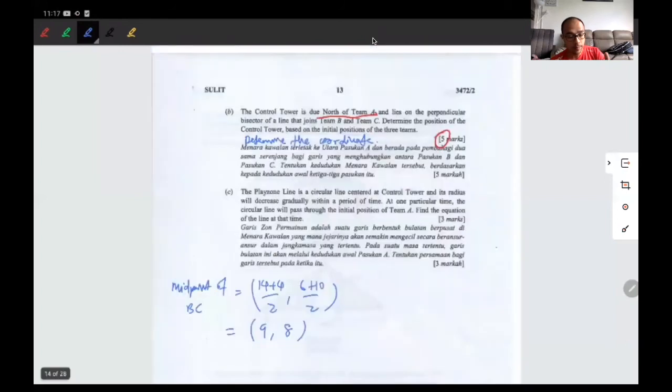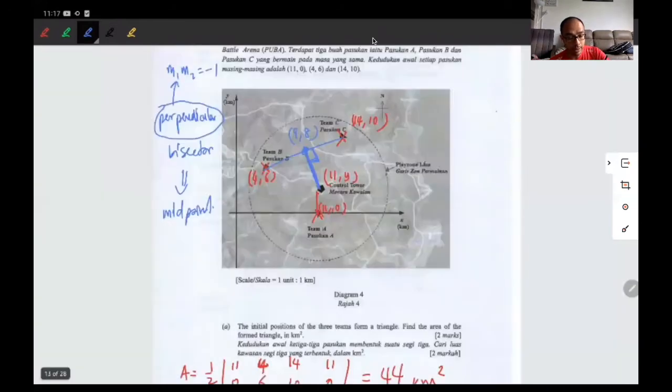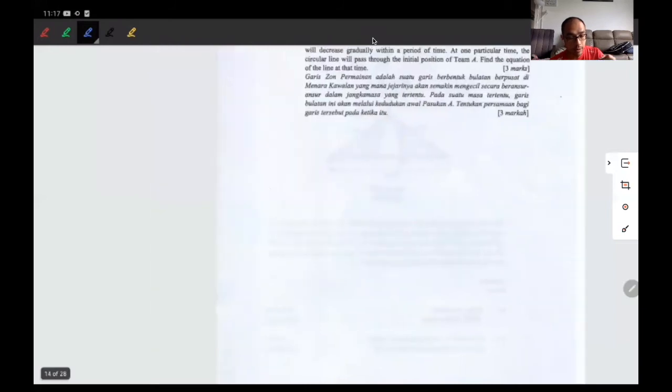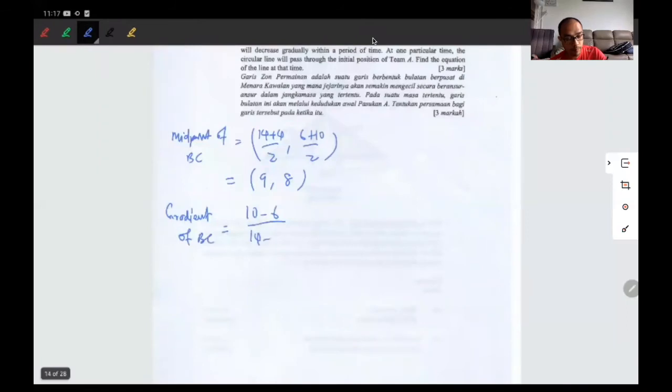So the gradient of BC is 10 minus 6 over 14 minus 4. This will be 4 over 10, 2 over 5. Let me just double check. 2 over 5, yeah.